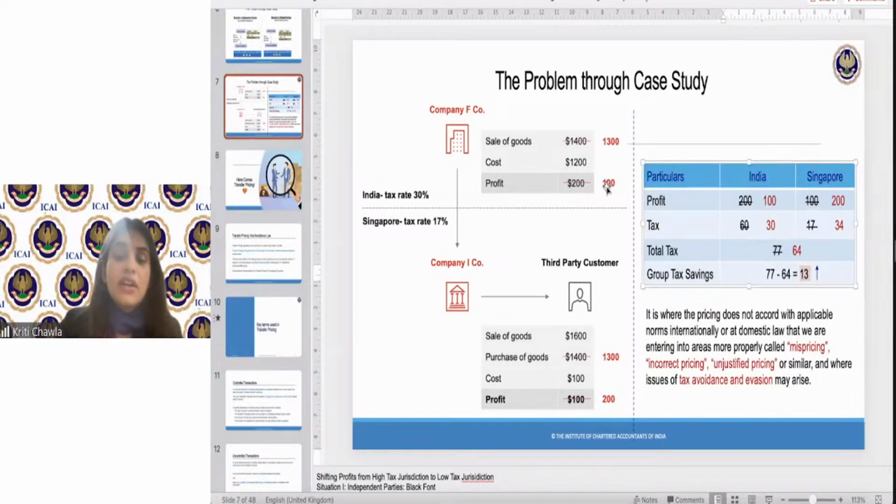So they moved $100 from a high tax jurisdiction like India to a low tax jurisdiction like Singapore. And they were able to do that only because they transacted at something called their own price, and they did not transact at the open market price. And this exactly is the problem of tax avoidance and tax evasion that transfer pricing decides to fix.